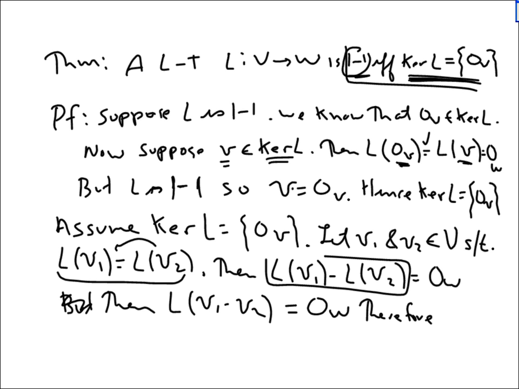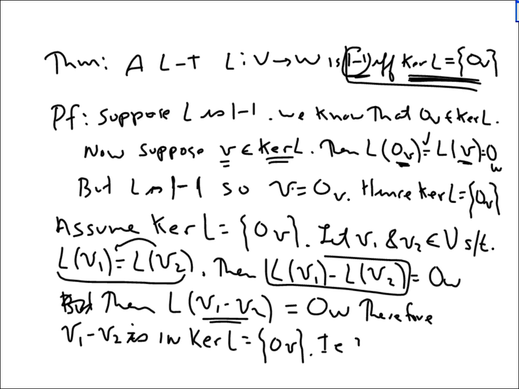Therefore, this is in the kernel. Therefore, V1 minus V2 is in the kernel of L, which is just the 0 vector. That is, V1 minus V2 is the 0 vector. But that implies V1 equals V2.